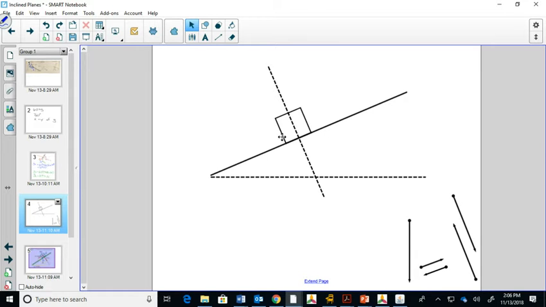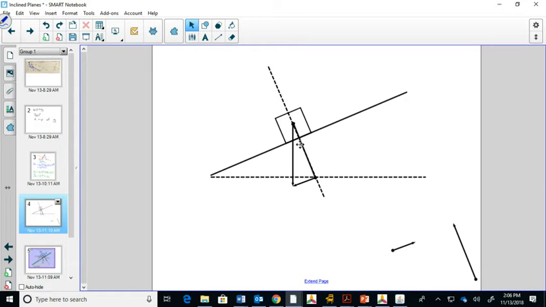Here's my surface, right? This angle, right? Gravity is going to be pulling straight down. Right? So that means I end up with a y component and an x component of gravity.